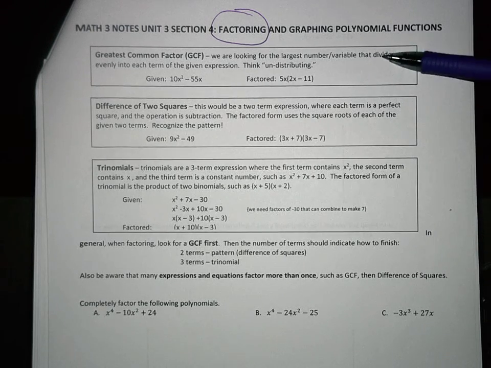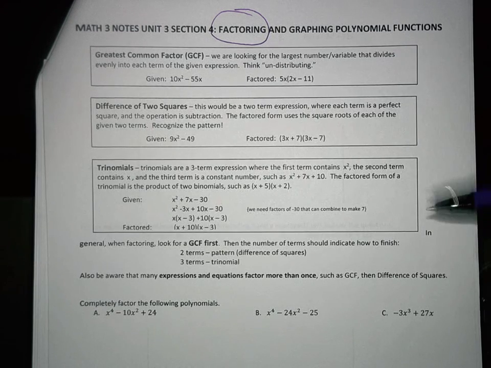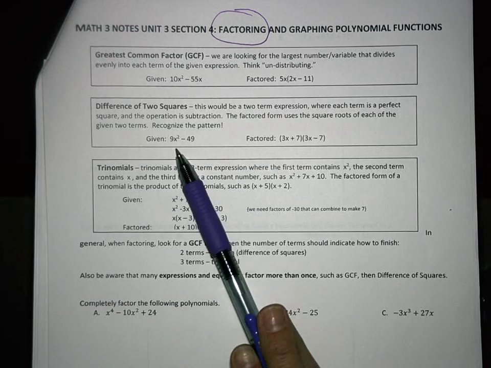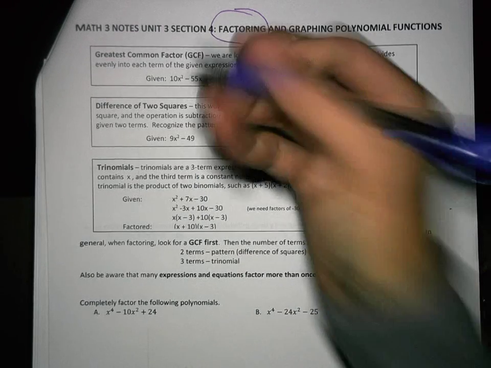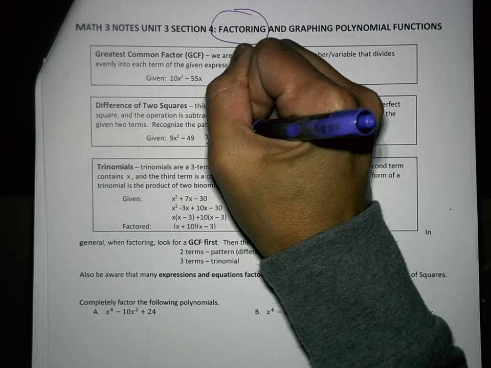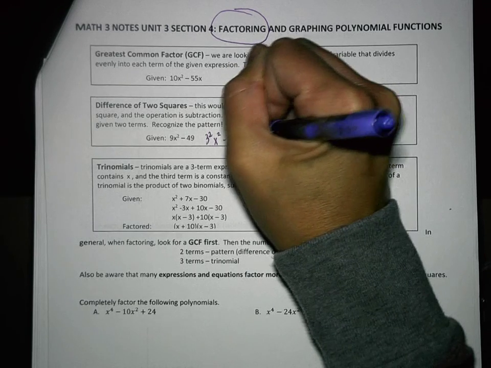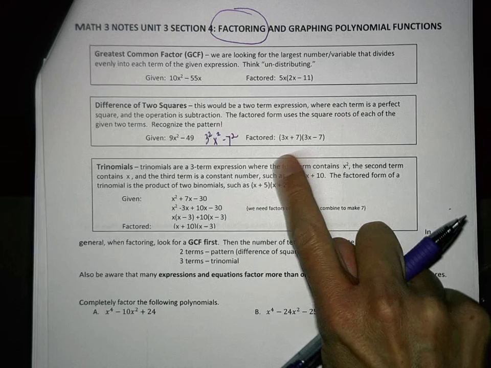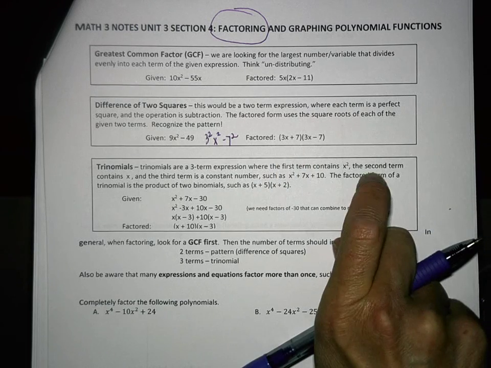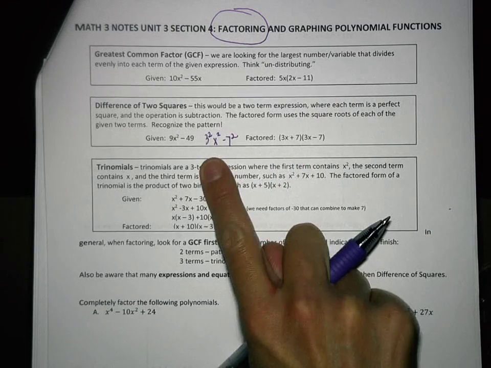Whenever you are factoring, check for a GCF first. If you factor and then notice there's a GCF, you can take it out afterwards, but it's easier to take out the GCF first. If you have a difference of two squares, remember to write these both as squares first, like 3 squared x squared minus 7 squared, and then they get split up into the two parentheses.